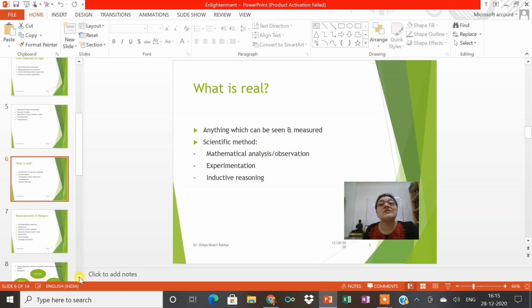So it is not theory first, it is data first. In the deductive approach, it is theory first, and from the theory you deduce something. So anything which can be subjected to scientific methodology is something which is real.